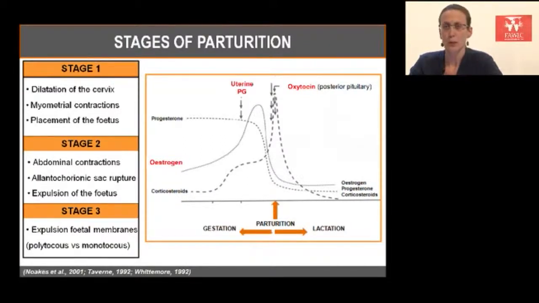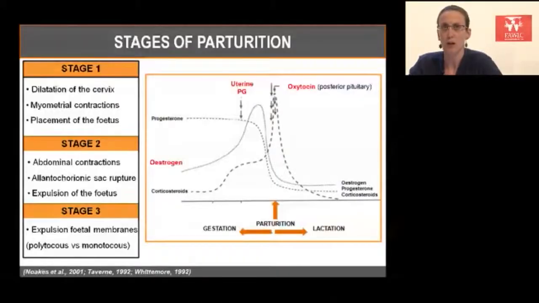The second stage of parturition is characterized by abdominal contractions, allantochorionic sac rupture, and the expulsion of the fetus. This second stage is characterized also by the release of oxytocin from the posterior pituitary. Oxytocin is a hormone very important for the onset of maternal behavior, and also for the myometrial contractions.